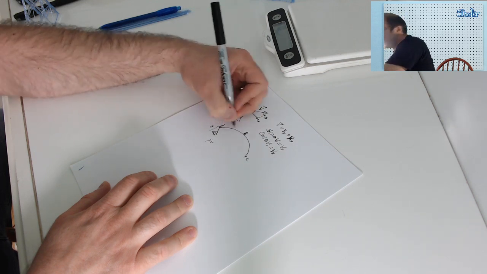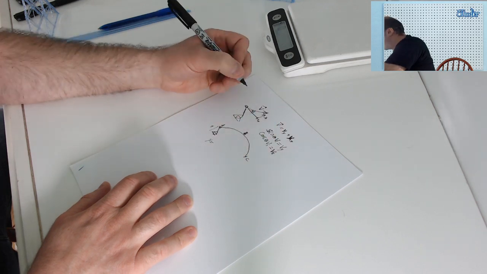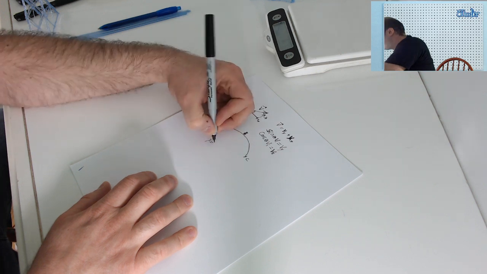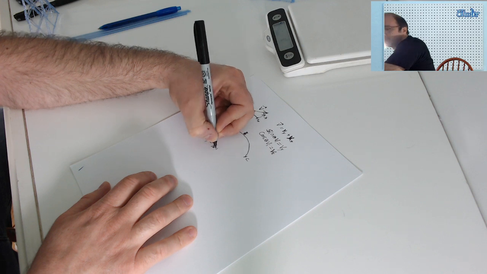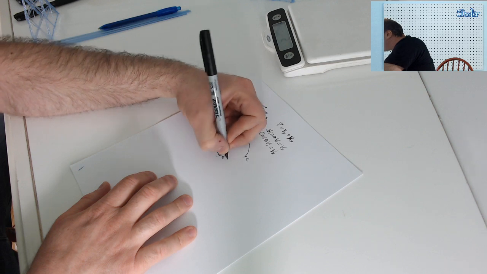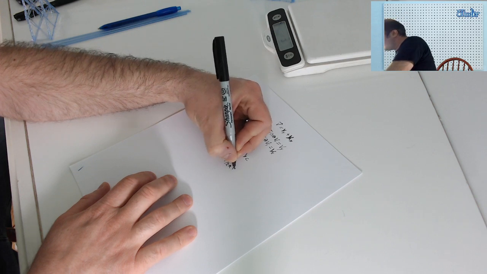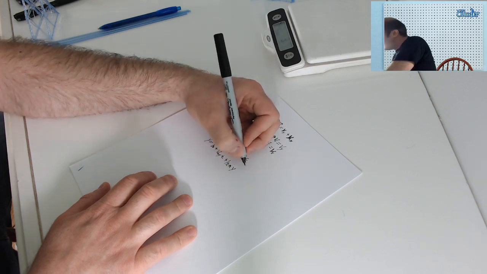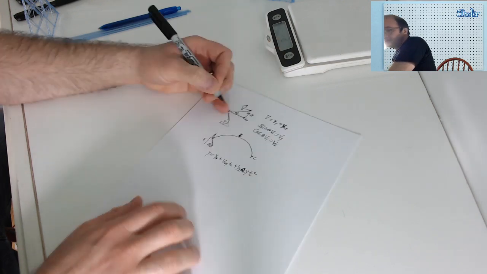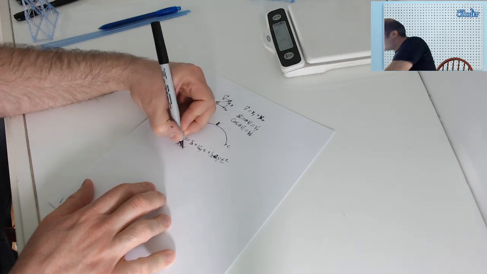The y final is the y initial plus the velocity sub y times the time plus 1/2 acceleration, once again, of the y component, time squared. And the x position is the initial position of the projectile plus the velocity in the x component times time.